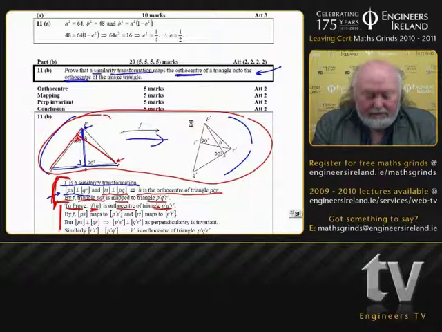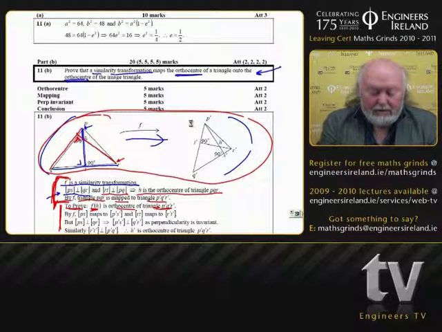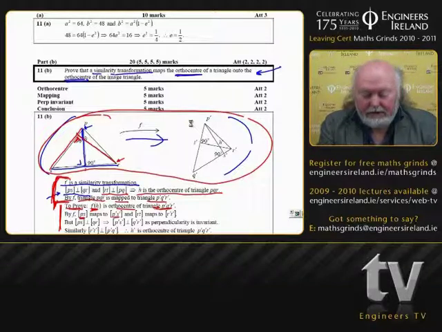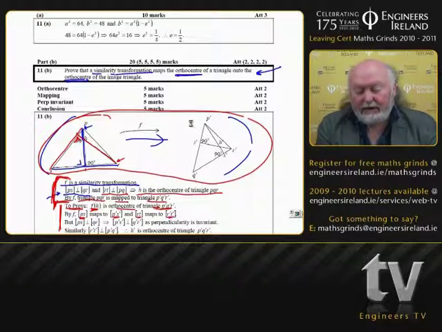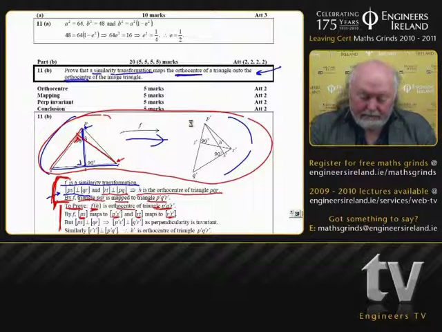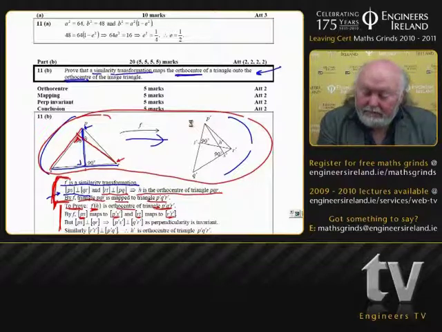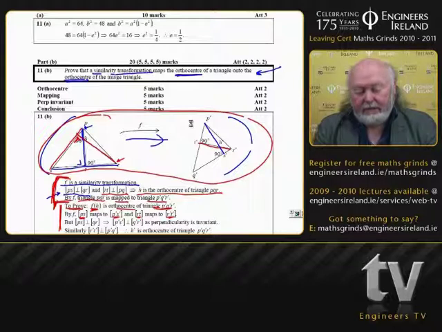By F, by the transformation, PS maps to P dashed S dashed and RT to R dashed T dashed. So there they are.